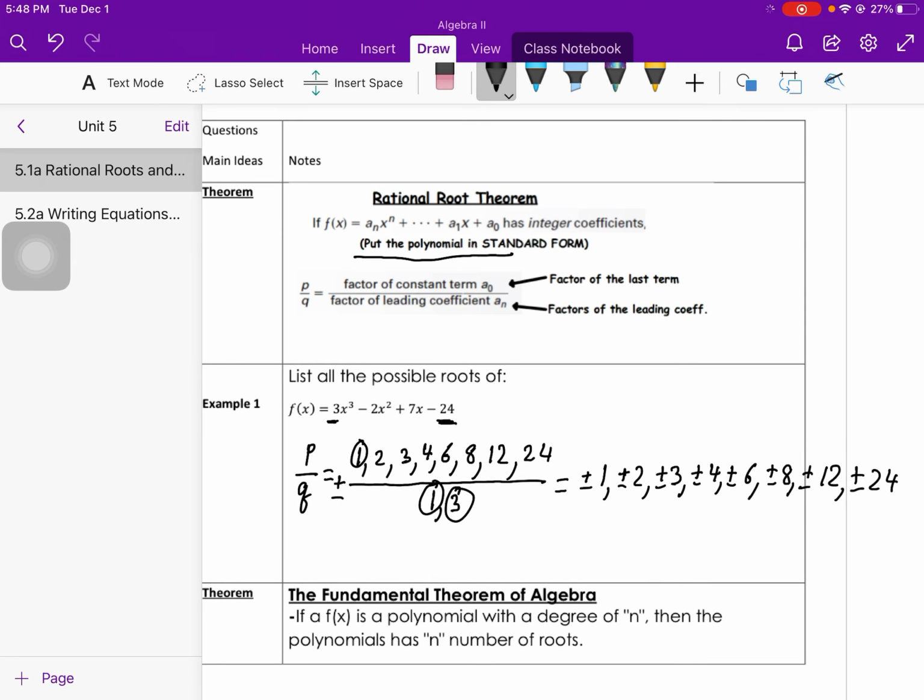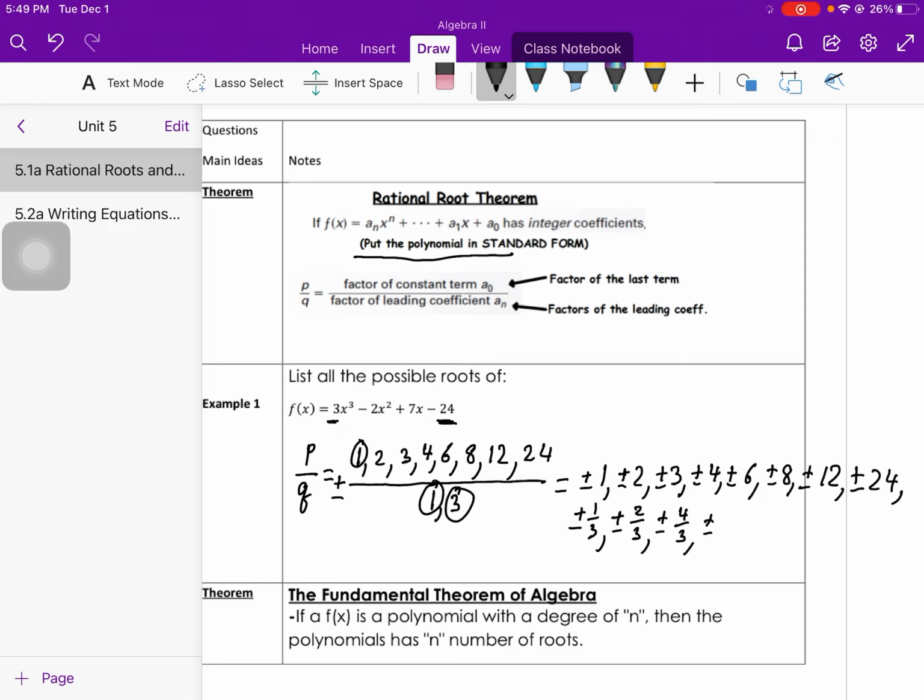Now that we've used 1, we've got to go through all those numbers on the top, but now we're going to divide them by 3 instead. So we get plus or minus 1 divided by 3, we're going to leave as 1/3. And then we get to 2. 2 divided by 3 is 2/3. Now, once you get to 3, though, 3 divided by 3 is 1, and we don't need to list that because we already listed it before. Then we get to 4 over 3, so plus or minus 4 over 3.